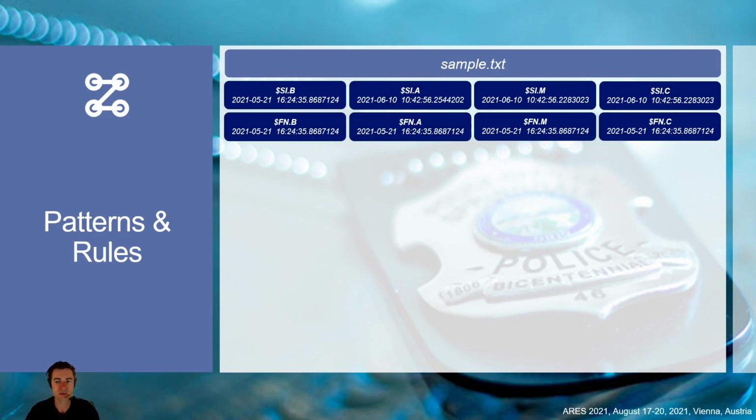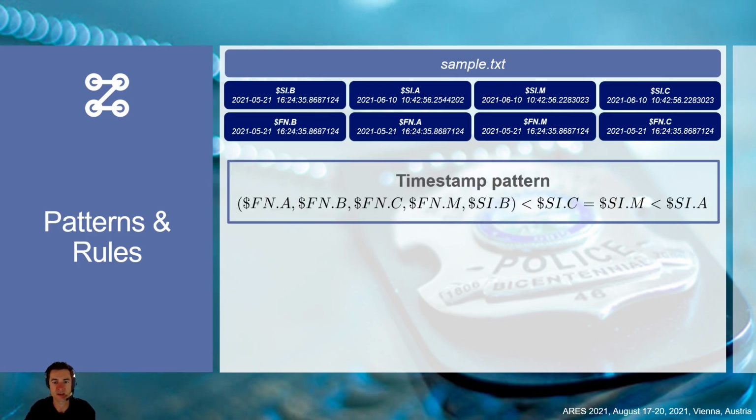Also, SCB represents this point in time. Therefore, we can assume that the file's birthday was on 21st of May this year. But the SC timestamps for access, modification, and MFT change show a later date. So this would be the resulting timestamp pattern in this case, representing a file modification on the 10th of June.